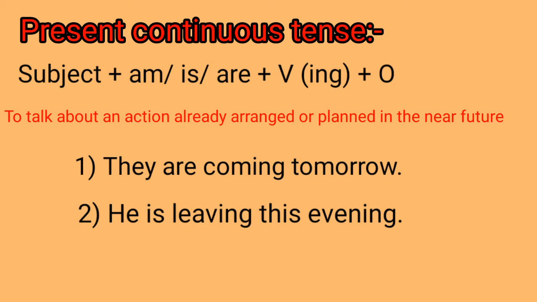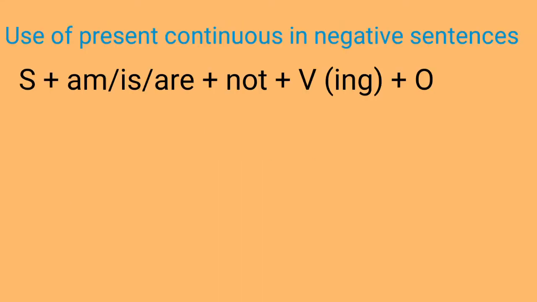Now let's move forward and see how to use present continuous tense in negative sentences. For negative sentences of present continuous tense, you have to use the following structure. Subject, S for subject, plus am/is/are, meaning helping verbs, plus not, plus verb ing form, and plus object.